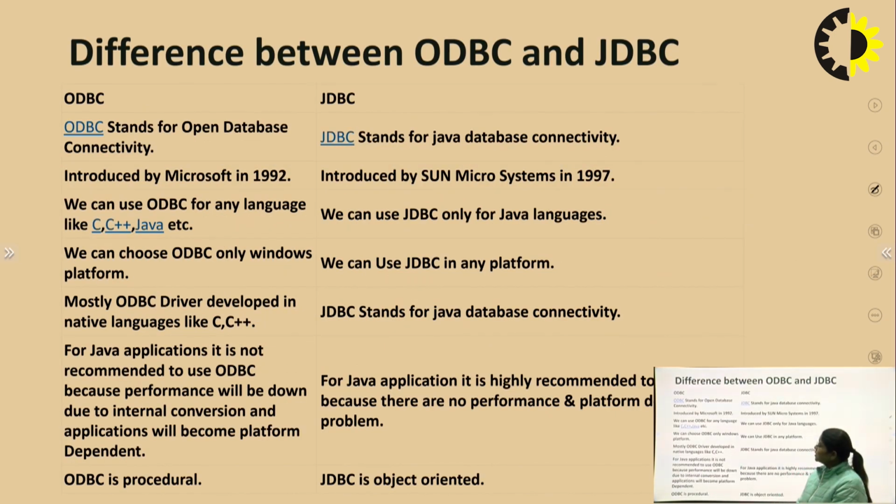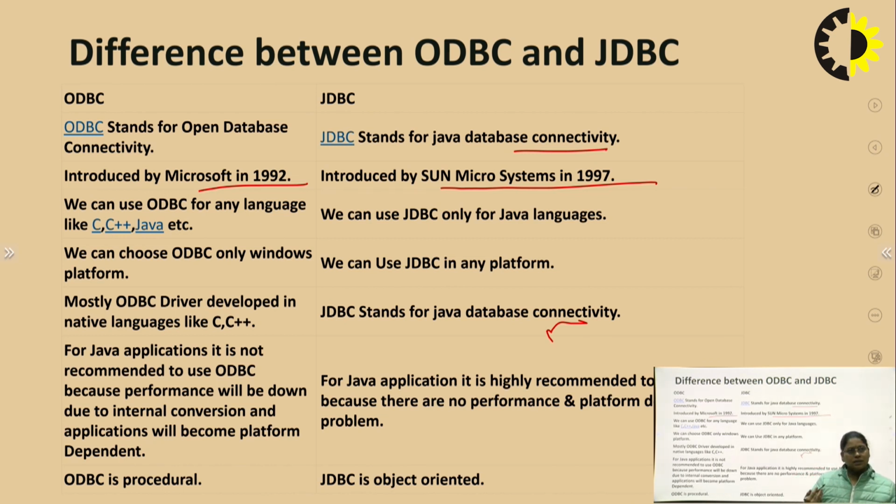So there is a difference between ODBC and JDBC, because both are connectivity APIs. As I already discussed, ODBC is Open Database Connectivity, and JDBC is Java Database Connectivity. ODBC was introduced by Microsoft in 1992, and JDBC was introduced by Sun Microsystems in 1997.